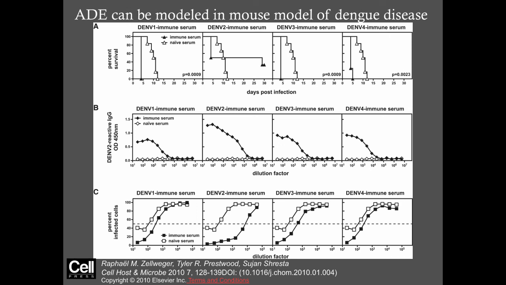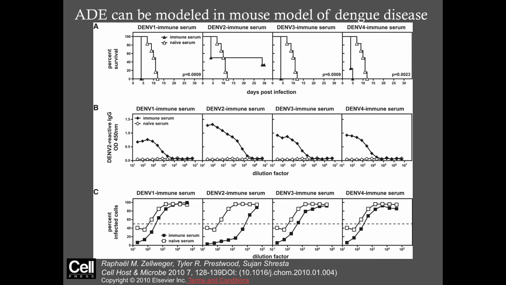This is a survival curve. So this is the percent of mice that are still alive after the dengue infection. If you give them dengue 1, 3, or 4 immune serum, shown here, they die much more rapidly than even in the case of no immune serum whatsoever.